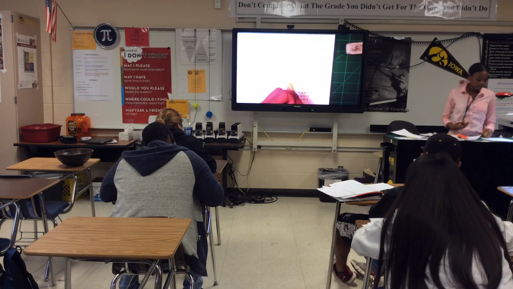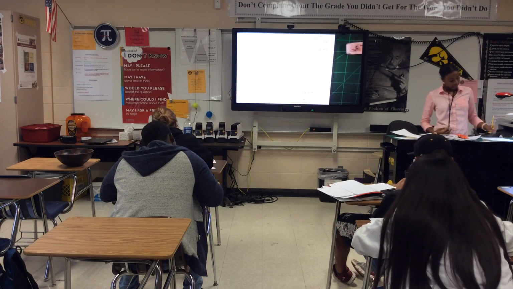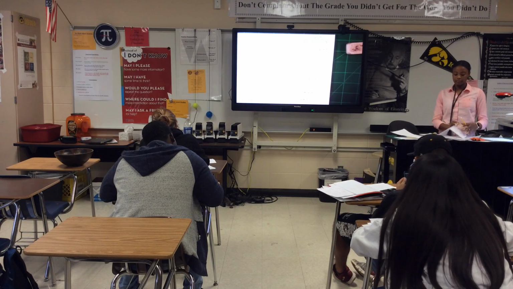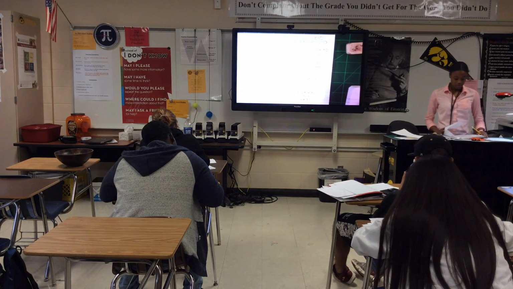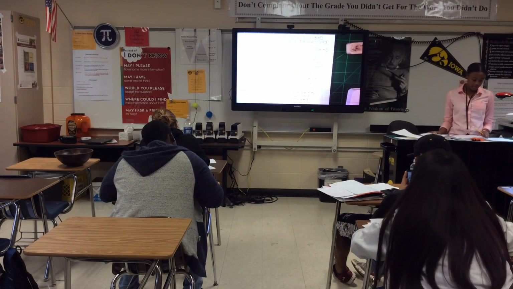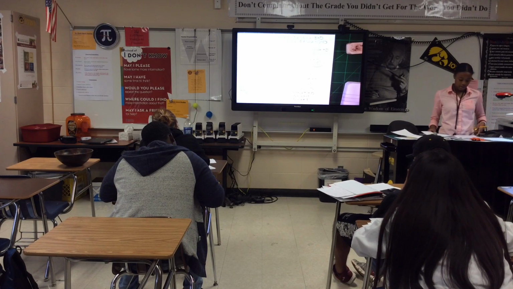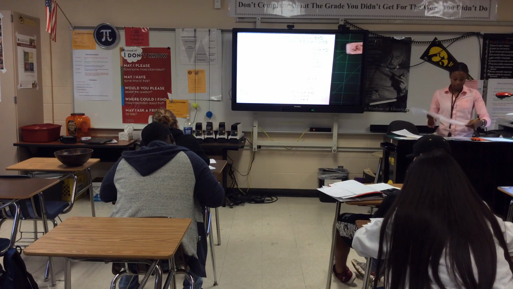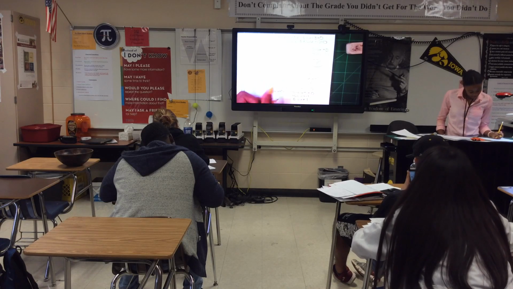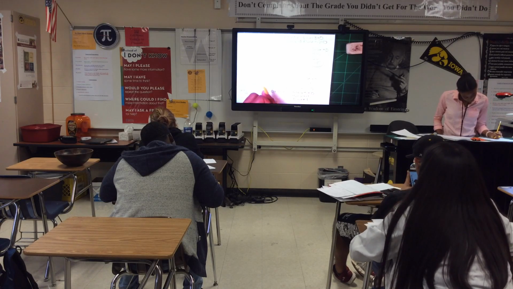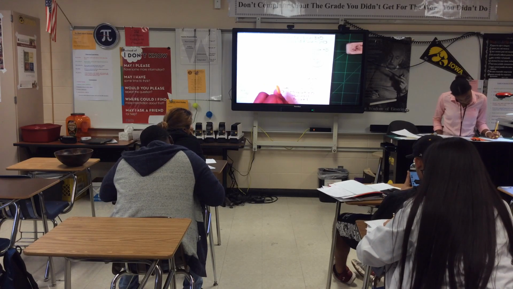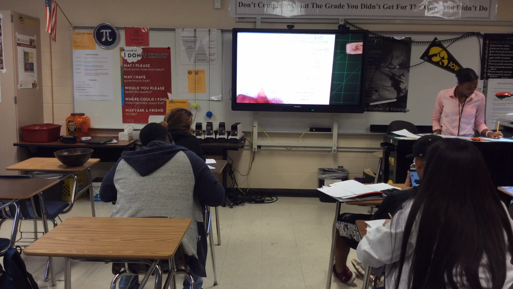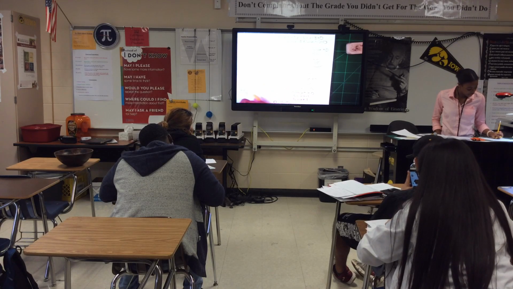So sine x equals 1 and sine x equals 0. So when you go to the unit circle, once again, you look for y's, that's 0 and 1, which is 0, pi, and pi over 2. And those are your solutions for that one.